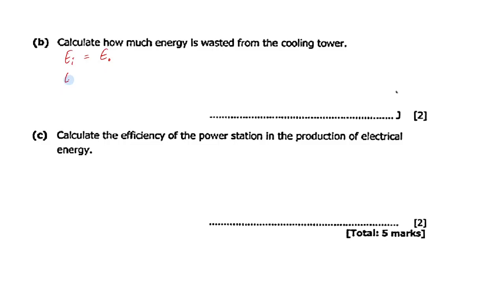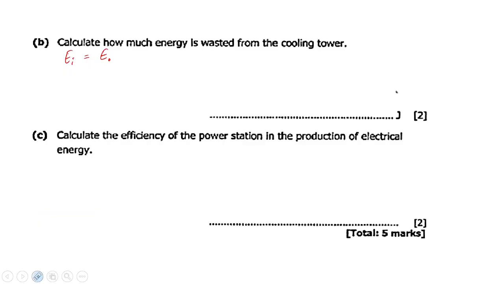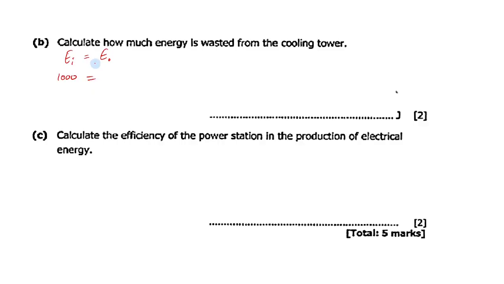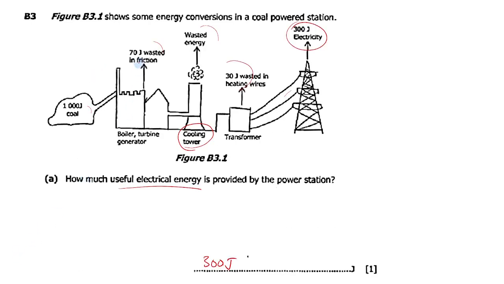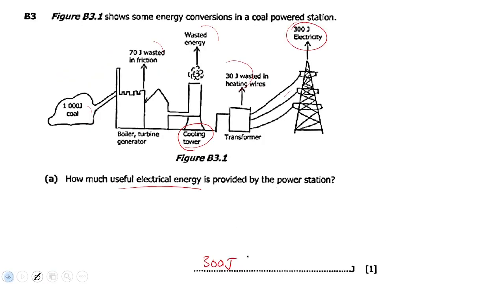Input energy was 1000 joules, which was in the coal. That is the one that went to output. There are so many energies on the output: 70, plus this one we don't know, we'll call it x, then 30 and 300. So 1000 equals 70 plus x plus 30 plus 300.